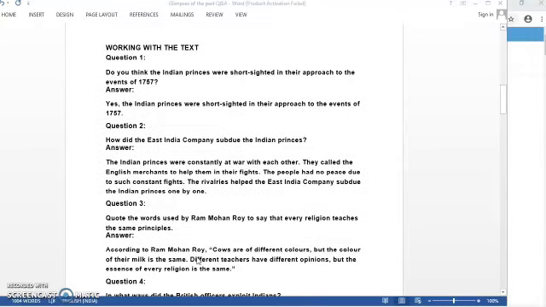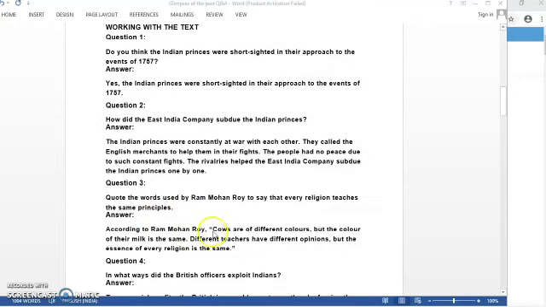Question number 3. Quote the words used by Ram Mohan Roy to say that every religion teaches the same principles. Raja Ram Mohan Roy was a great reformer, and you have to quote the words which say every religion teaches the same principles.